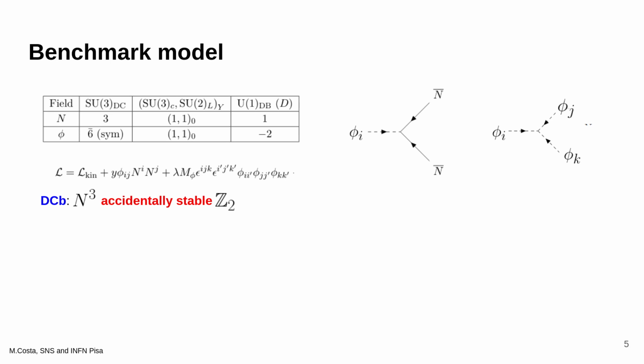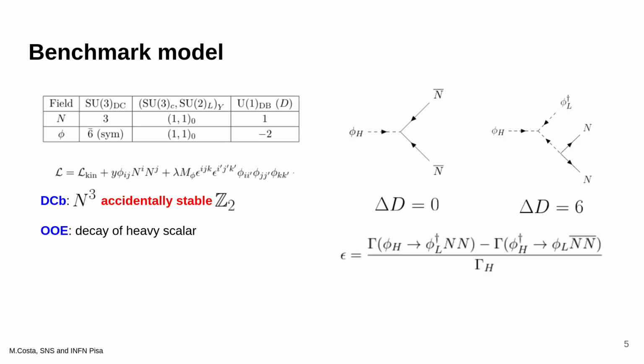Under this assignment of dark baryon number, the Yukawa preserves it while phi cube violates it. However, the dark baryon, which is n cube, is still accidentally stable thanks to a residual Z2 under which only n is charged. Therefore, the dark matter, while U1 is broken, is still stable.